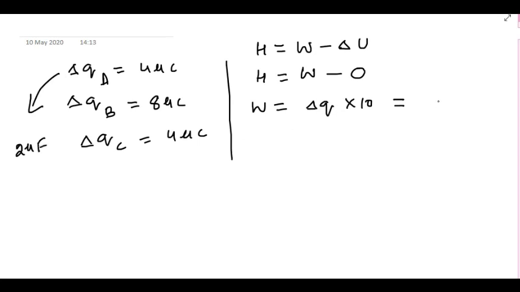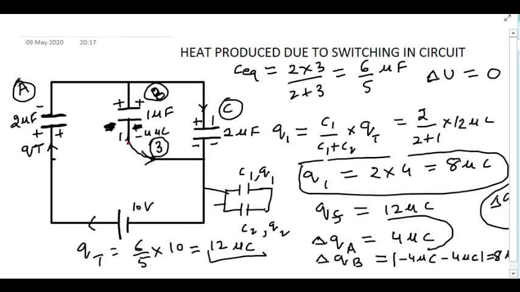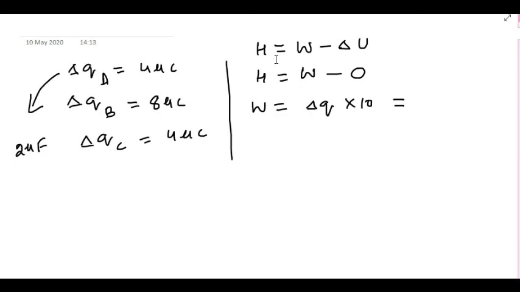So work done is equal to this, because the battery is giving some extra charge to the circuit, or we can say it is giving some charge to the 2 microfarad capacitor. I am taking the previous slide, you will see this. So we are just taking the change in charge of this 2 microfarad capacitor.